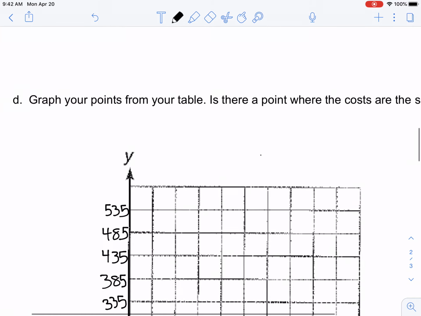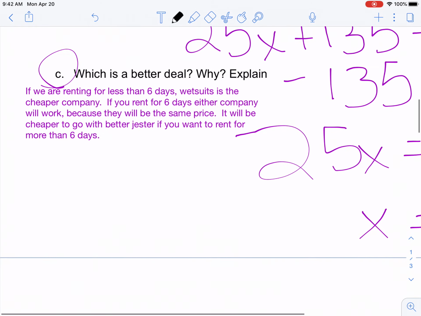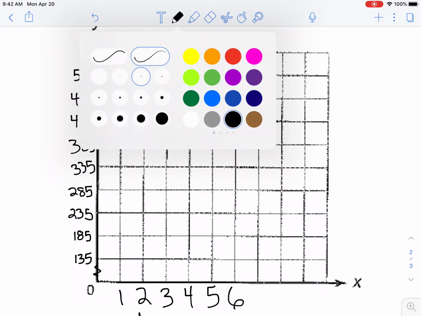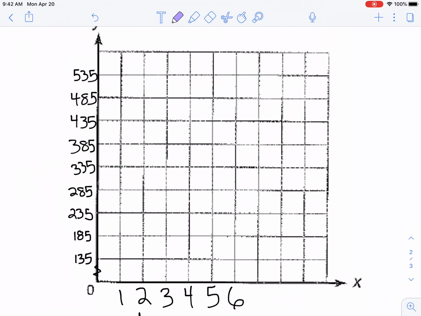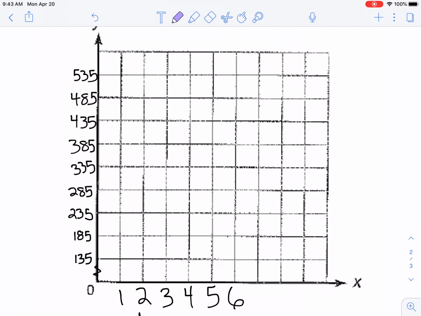And I don't remember what colors I used above, so I'm going to go back up. Looks like Wet Skis I did in purple, so I'm going to plot those points in purple and make my line in purple. Okay, and let's see, maybe a thicker point. Okay, so this one's going to be a little bit easier to graph because they're going to be exact values on the grid.